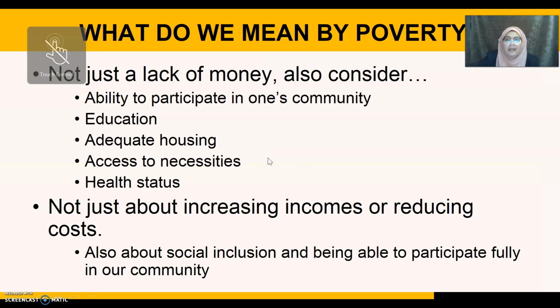Okay. Actually, when we talk about poverty, poverty is not totally about not having money. Actually, when we look at poverty, it is considered in terms of how you're able to participate in one's community, the education that you receive, housing, access to necessities, and also health status. So it's not just about increasing incomes or reducing costs.